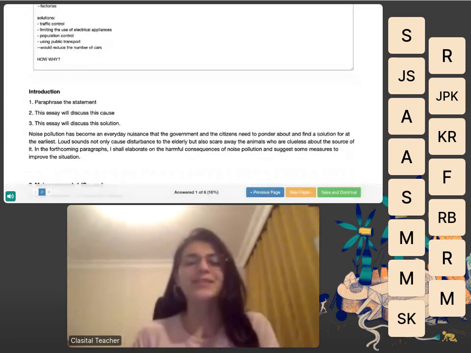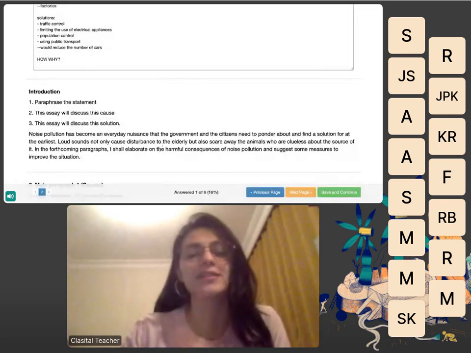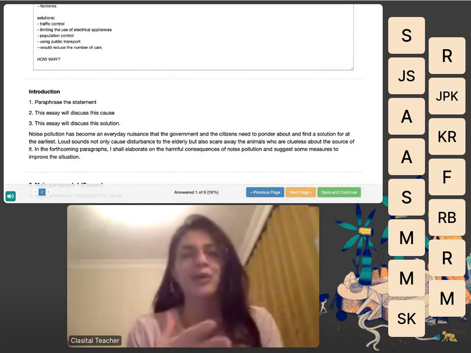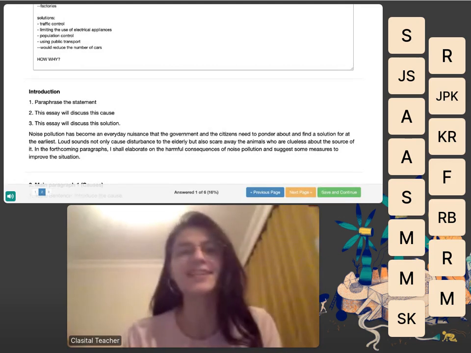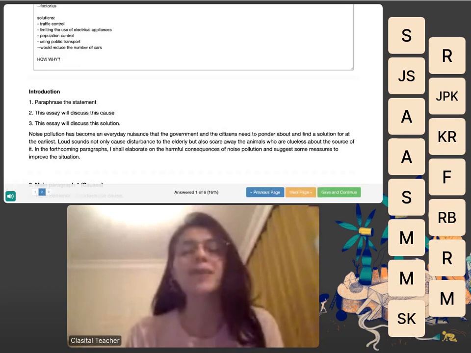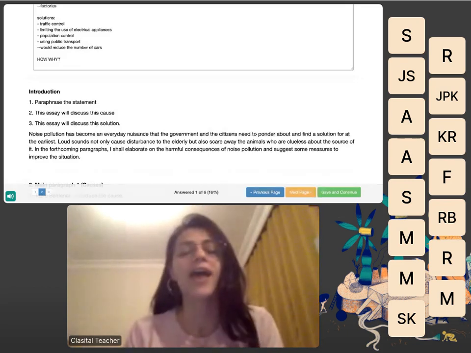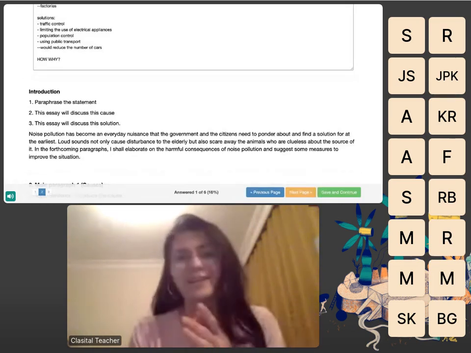We also added government and citizens because those people are the ones that will find causes and solutions, right? Animals or trees cannot find causes and solutions. So we basically did not add that much. We just said government and citizens, and the rest we paraphrased using synonyms.